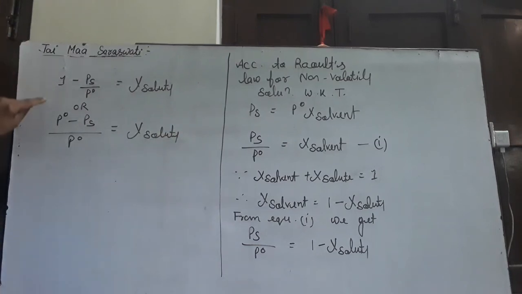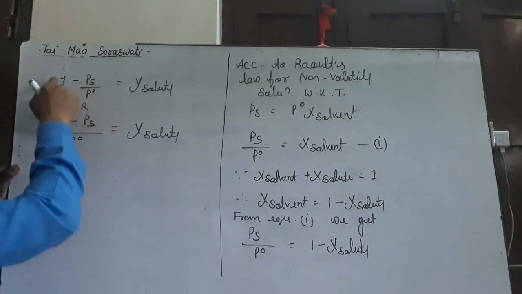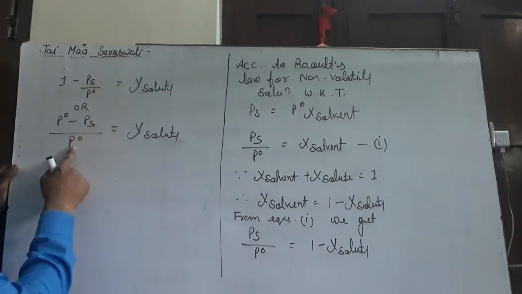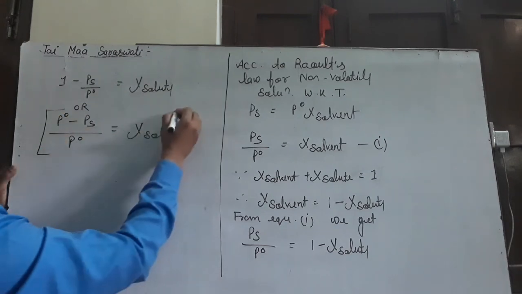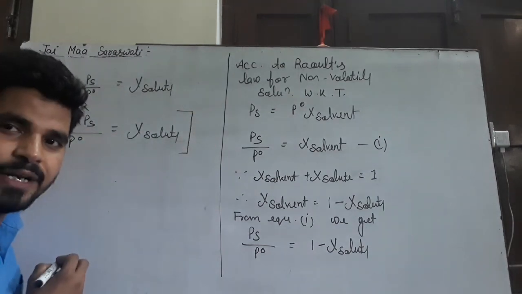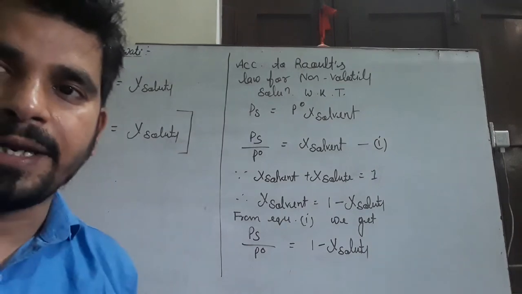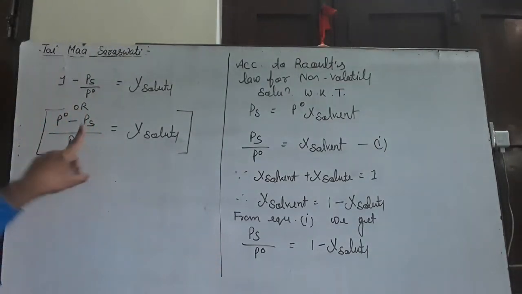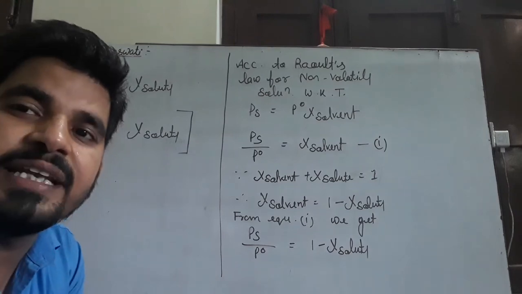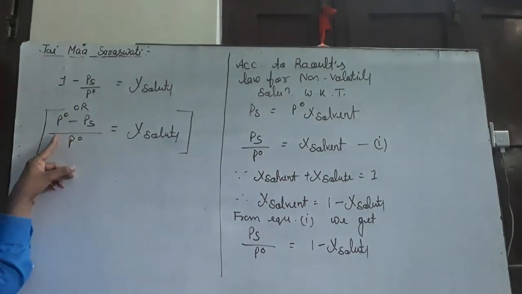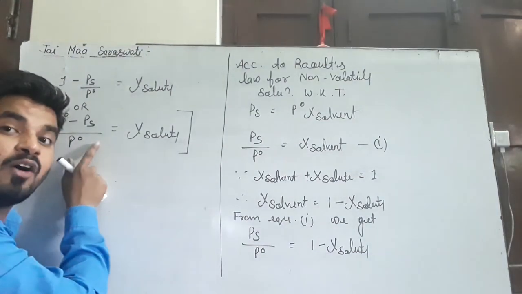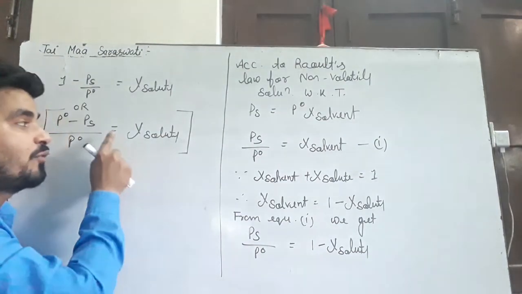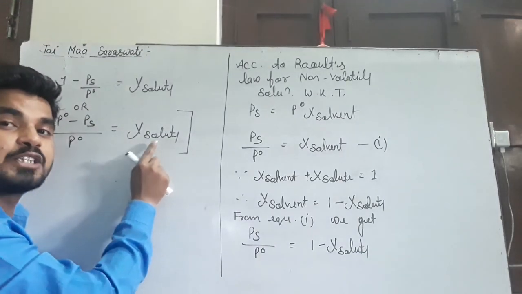So this is all about your xi solute. From this, one thing is very clear, beta. Now listen everyone, this is RLVP, yes or no? This is RLVP. So relative lowering in vapor pressure of any solution is always equal to mole fraction of solute.